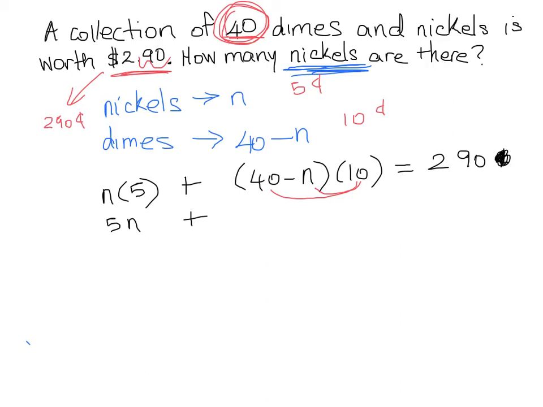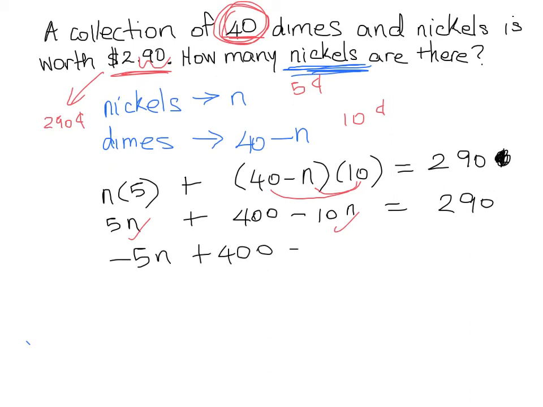So when we distribute that 10, we get 400 minus 10n is equal to 290. All right, now we can go ahead and put our like terms together, and we get negative 5n plus 400 is equal to 290.